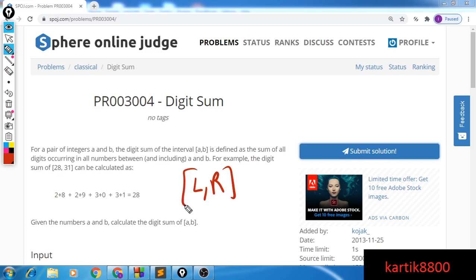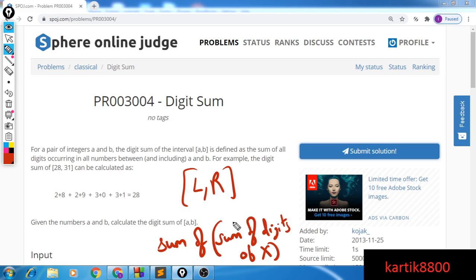And the problem is asking you to find out what is the sum of digits of x for all x from L to R inclusive. This is the question that is being asked at SPOJ. You need to find out the sum of digits of x, and x is any integer from L to R.